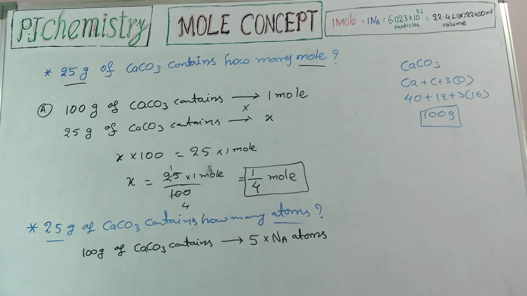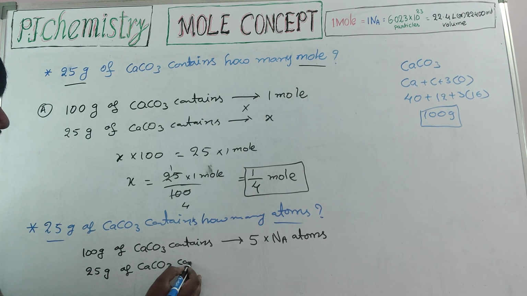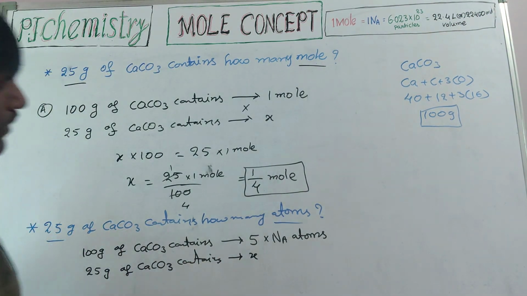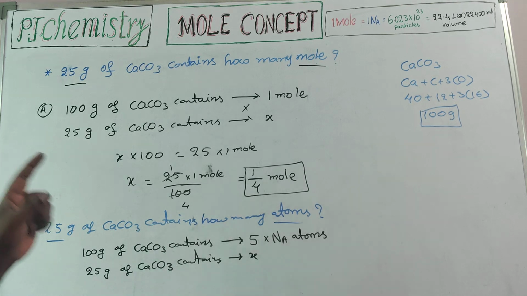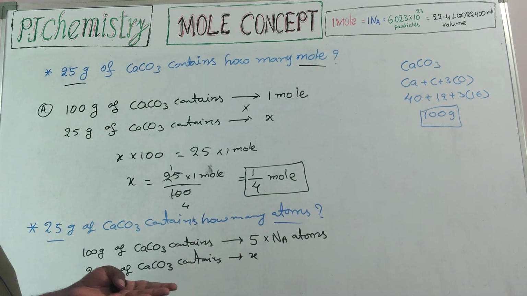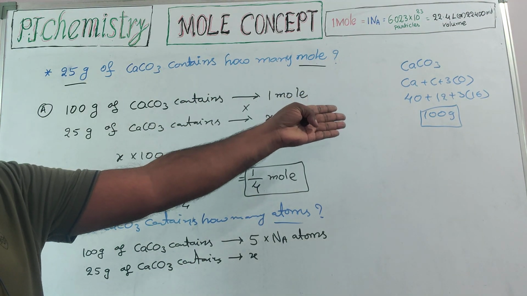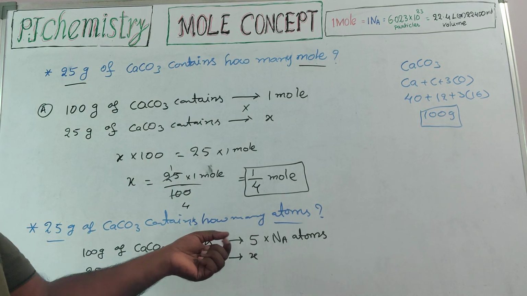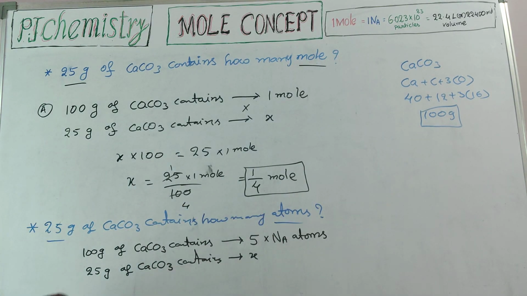Now 25 grams of CaCO3 contains how much? Just we want to observe the relation between what they are asking: grams to atoms. We calculated already for 1 mole, 100 grams. So 100 grams of CaCO3 contains 5 Avogadro number of atoms. 25 grams means how much?